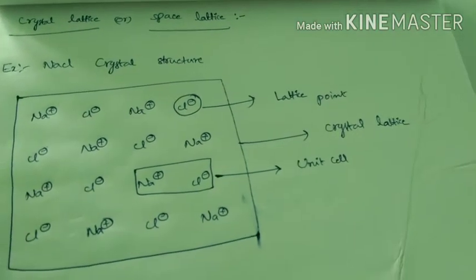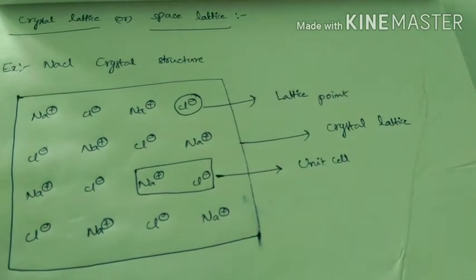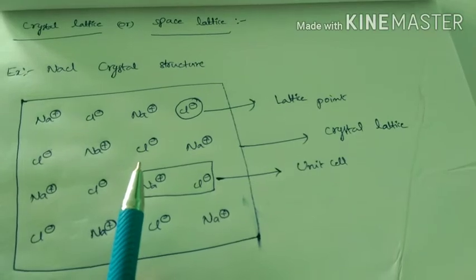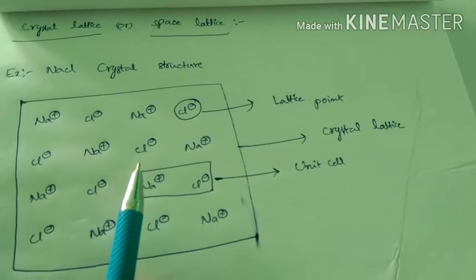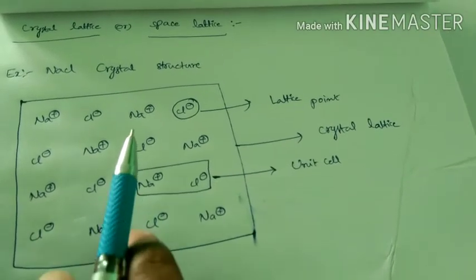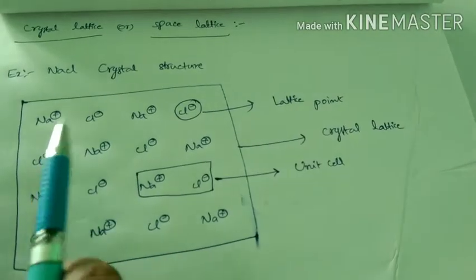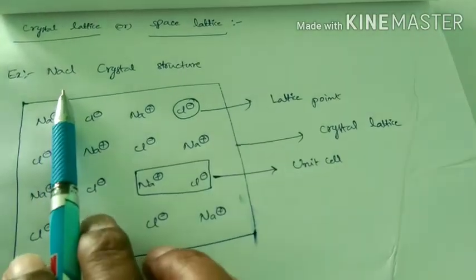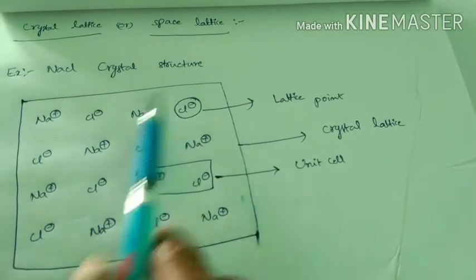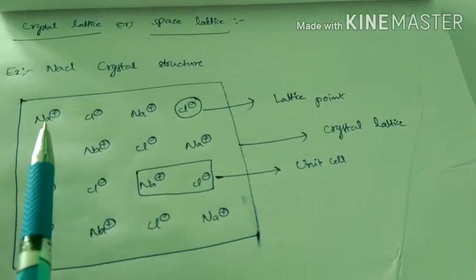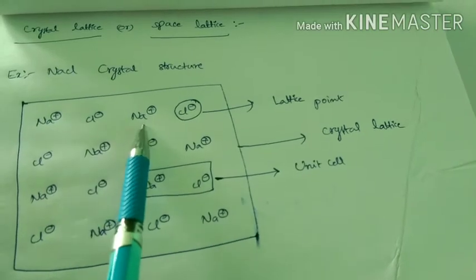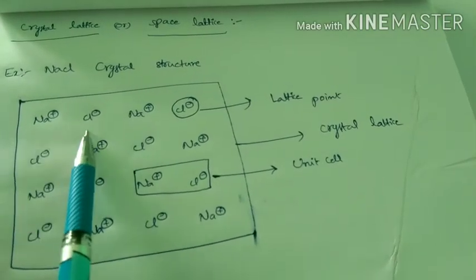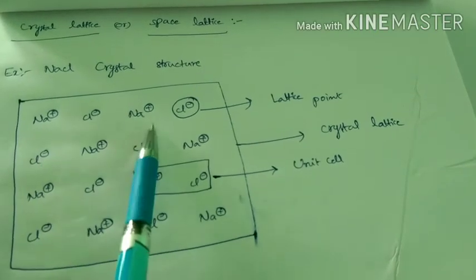Now the next topic is crystal lattice or space lattice. Hereafter the topic is somehow different. We should imagine the topic hereafter. It is somehow difficult to imagine also. So listen carefully. Crystal lattice. See, I just draw the structure of NaCl crystal. Its structure is like this: Na+ Cl-, Na+ Cl-. That means Na+ ions are present in alternate positions.